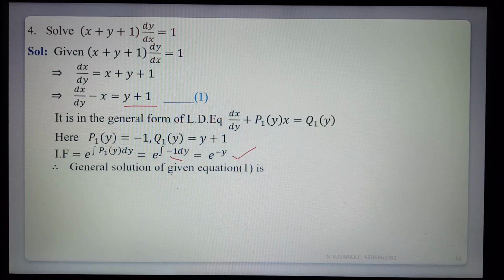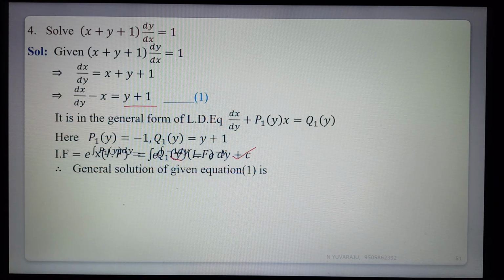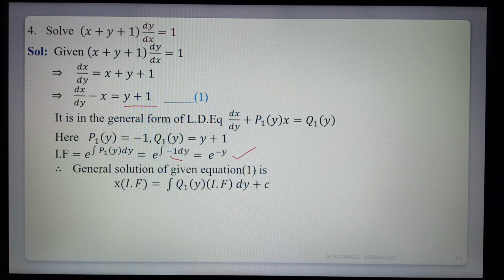Therefore the general solution is x into integrating factor is equal to integration of q1 of y into integrating factor dy plus c. Substituting, x into e power minus y is equal to integration of y plus 1 into e power minus y dy plus c.